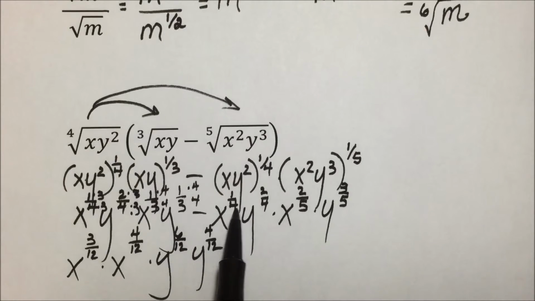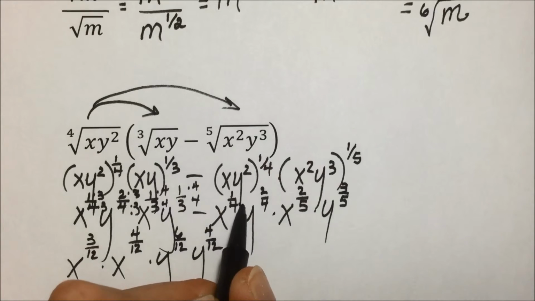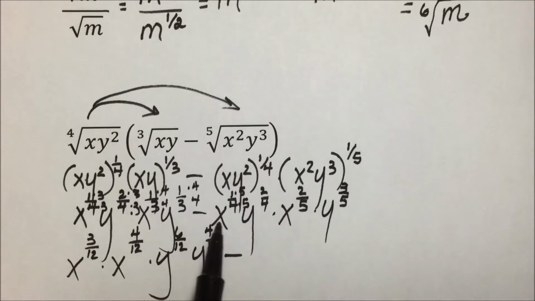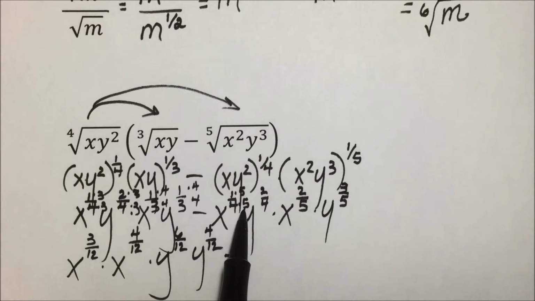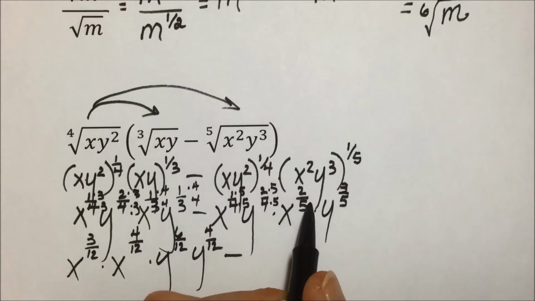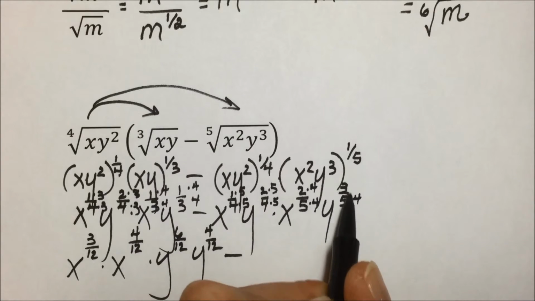Similar here, the common denominator between 4 and 5 is a denominator of 20. So I'm going to multiply by values that give us a denominator of 20. So this first exponential power, I'm going to multiply top and bottom by 5. Likewise, this next one. Here we need a 4 to bring it up to a denominator of 20, as well as here.